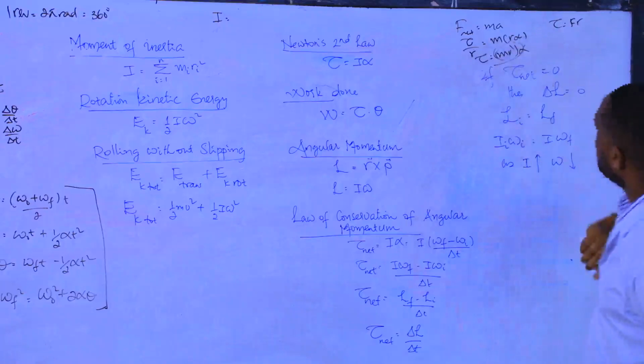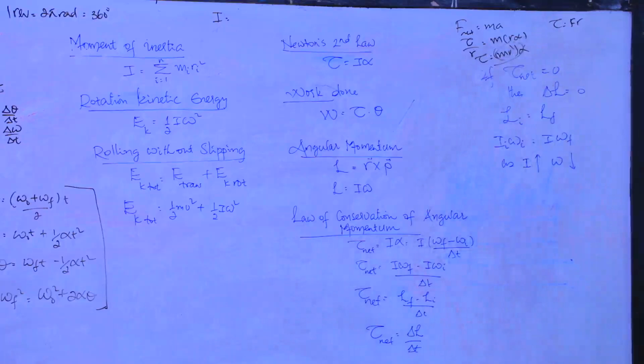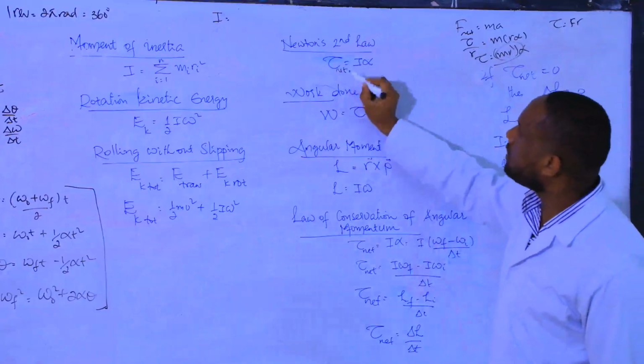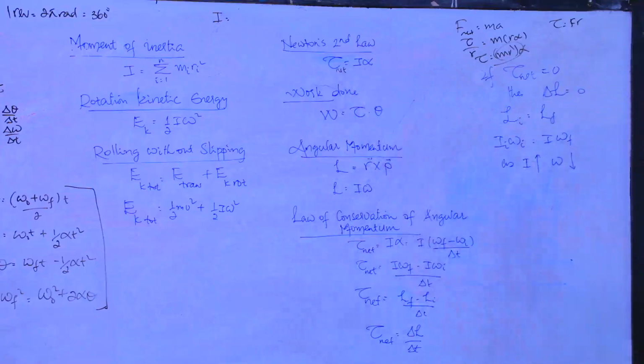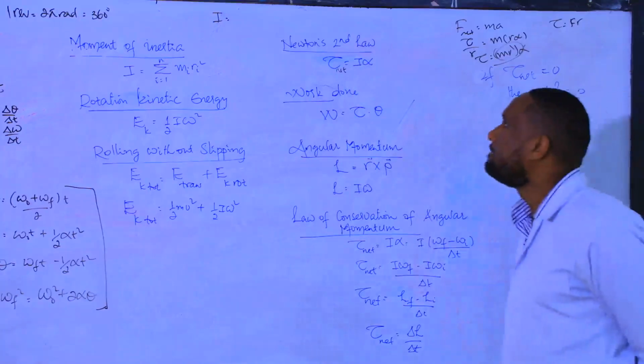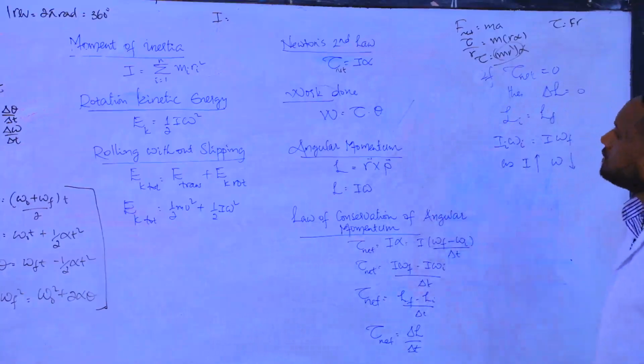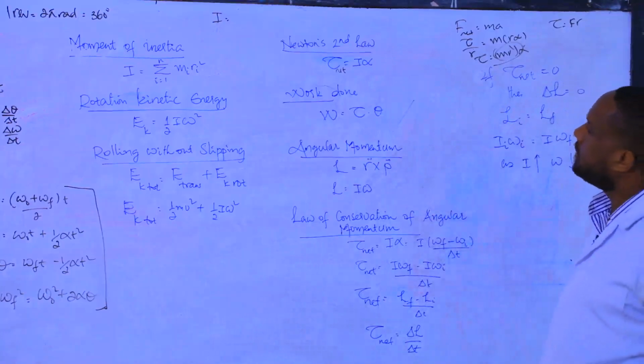We know that m r squared represents the moment of inertia. So Newton's second law for rotational motion can be stated that the net torque acting on an object is equal to I times alpha, the moment of inertia multiplied by the angular acceleration.